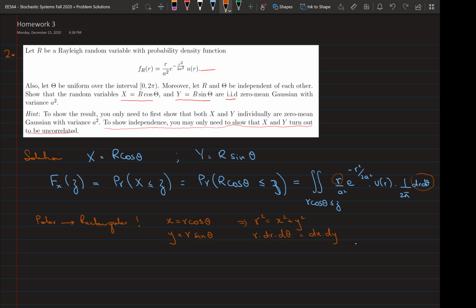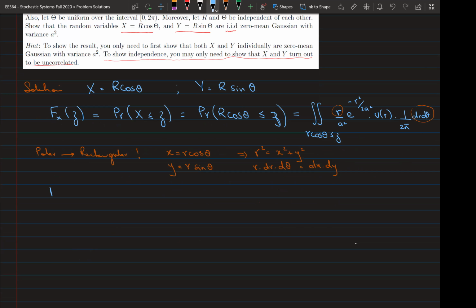R times dr times d theta is nothing but dx times dy. Because of which the joint CDF of x is this double integral, and this is 1 upon a squared e raised to power minus r squared by 2 a squared times 1 upon 2 pi, and the r times d theta is nothing but dx and dy.